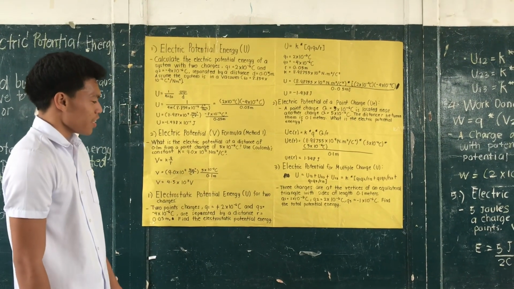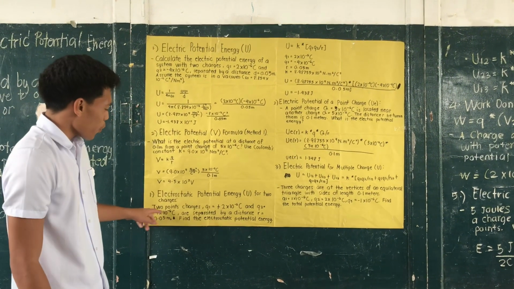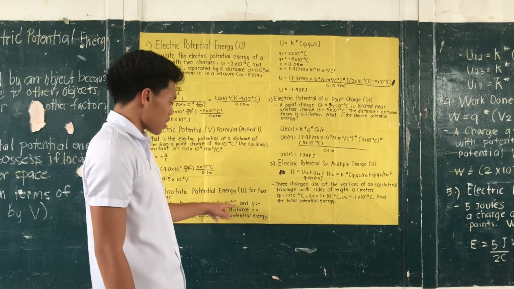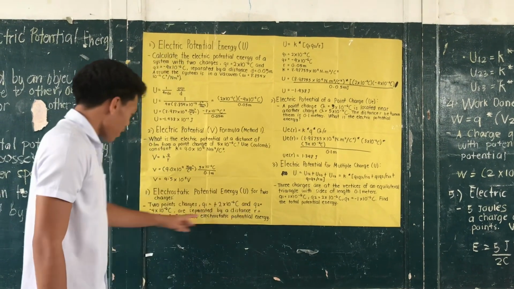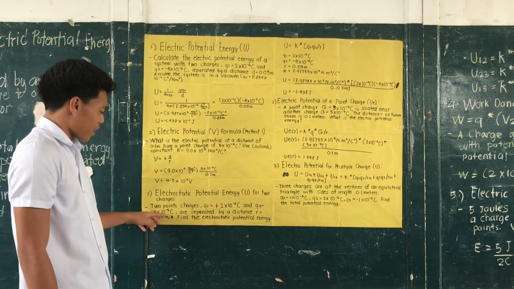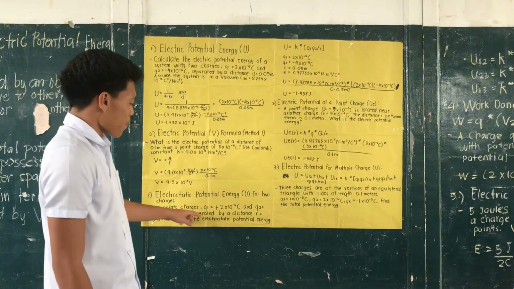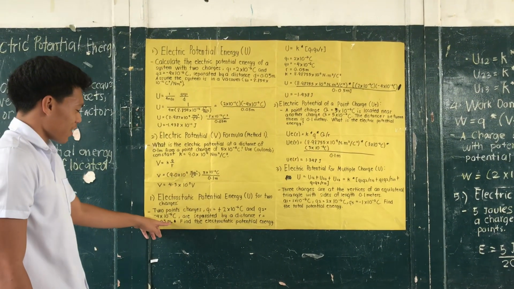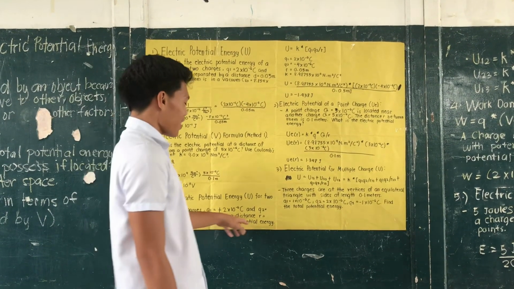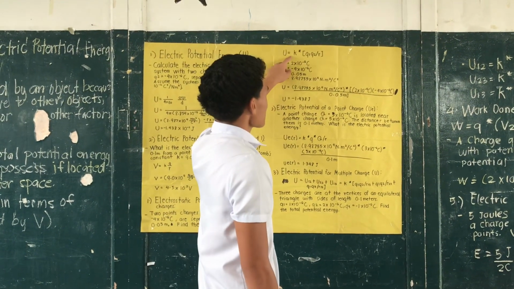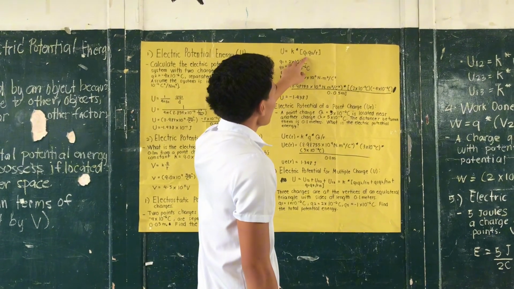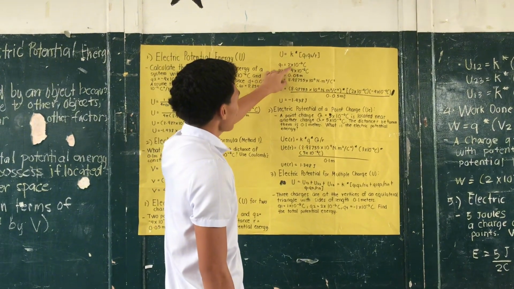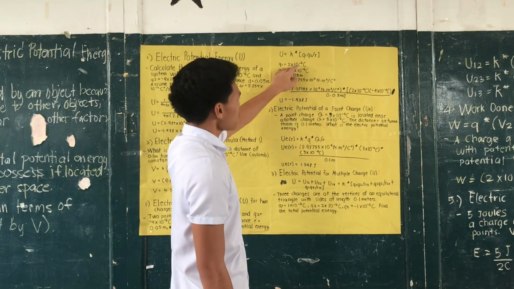Electrostatic potential energy for two charges. Two point charges Q1 equals +2 times 10 raised to the power of -6 coulomb and Q2 equals -4 times 10 raised to the power of -6 coulomb are separated by a distance of R equals 0.05 meter. Find the electrostatic potential energy. U equals K times Q1 Q2 over R. Q1 equals 2 times 10 raised to the power of -6 coulomb.